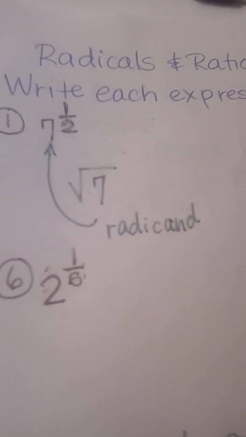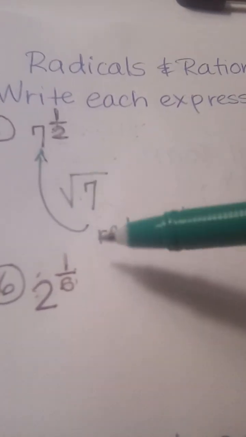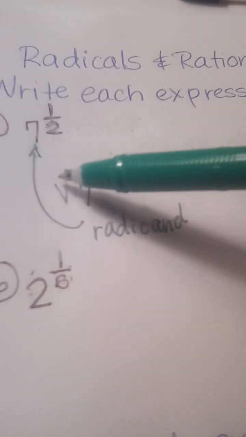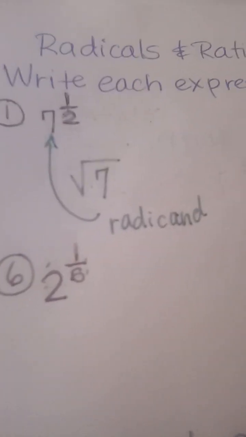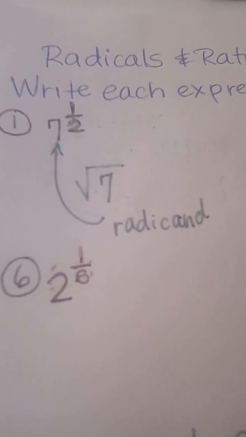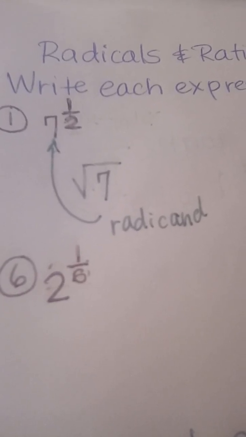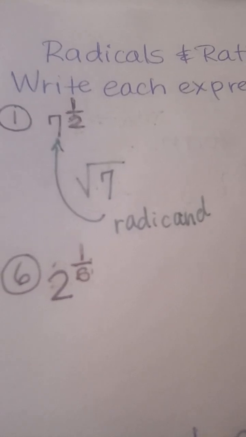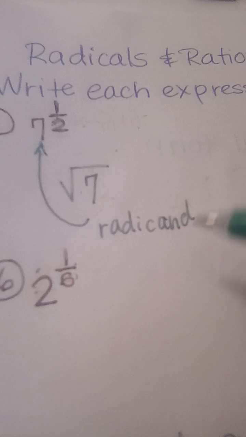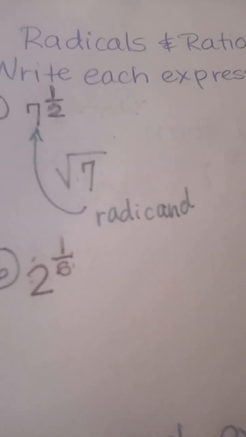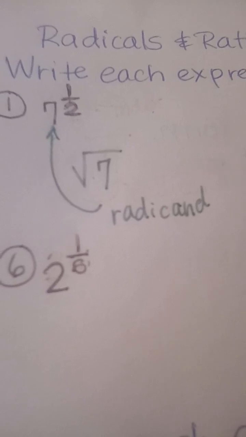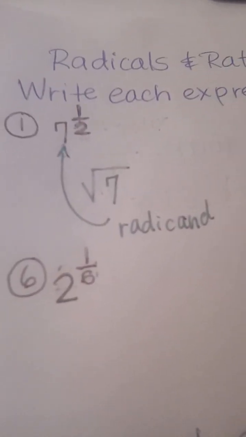You don't have to write the 2 because every time you see the square root of any number, there's an imaginary 2 inside. And the 1, you don't have to use it because it's a power of 1. So you're fine right there. The answer is the square root of 7. That's the radical form.